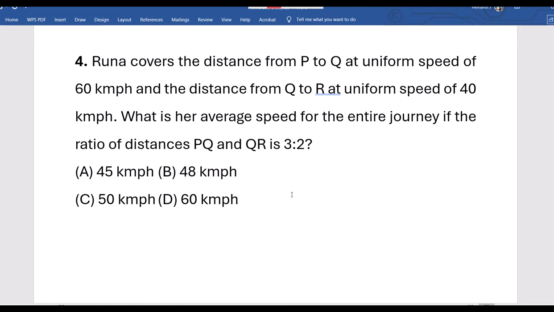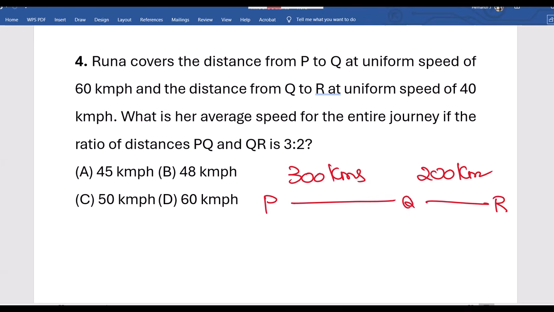Now listen. Distance is indirectly given as 3:2. You take 300 kilometers and 200. P to Q is 300. Q to R is 200. This is with the speed of 60 km per hour. This is with the speed of 40. Sir, now what's the answer?